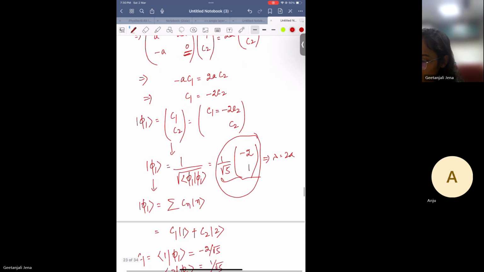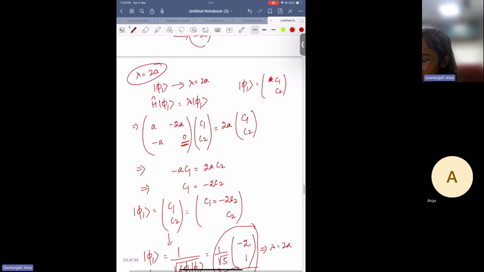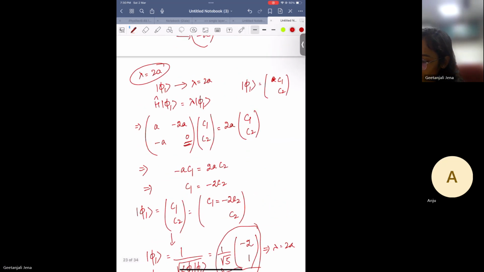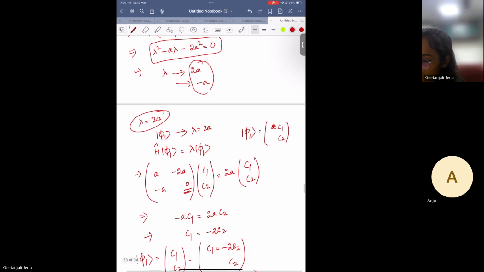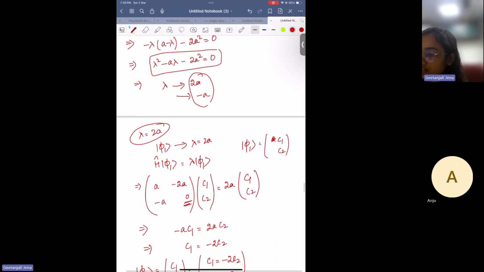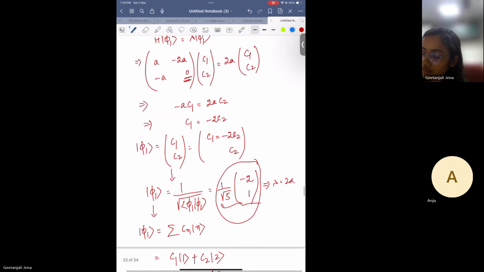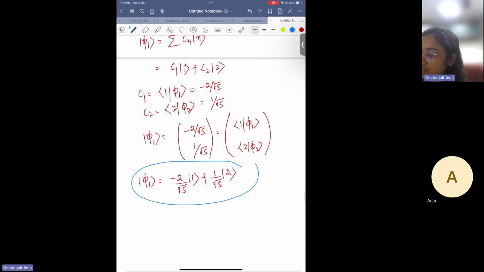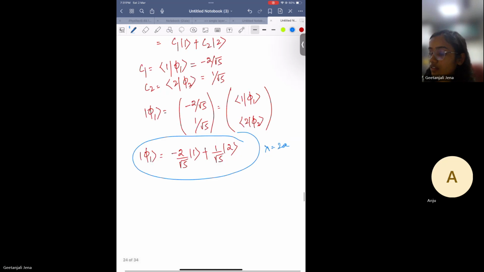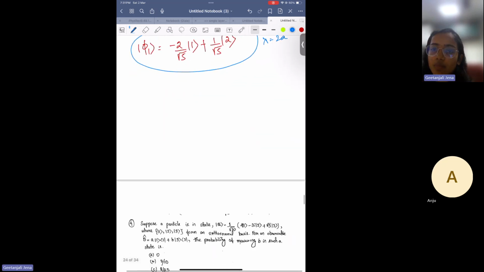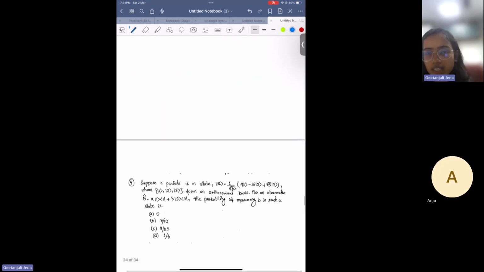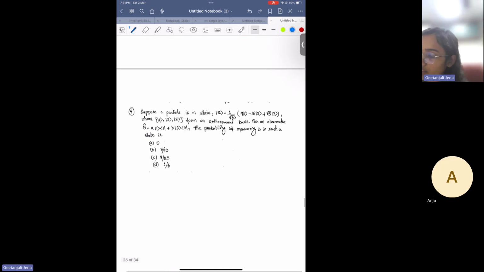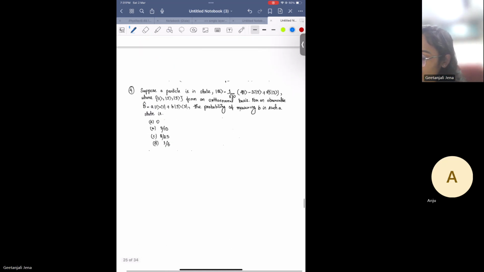Okay, so the eigenvalues you got are 2a and minus a. This is the eigenvalue, and this is the eigenvector that we got for lambda equal to 2. And for the next one, lambda equal to minus a, you can follow the same steps and calculate it. I'm leaving this to you to calculate.